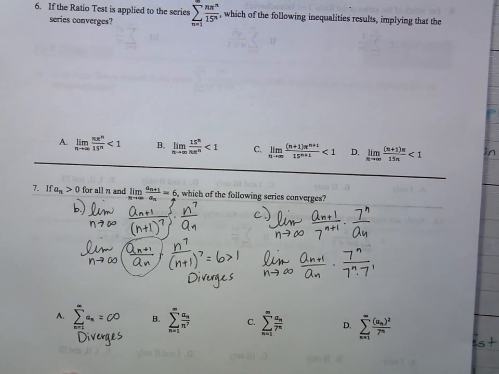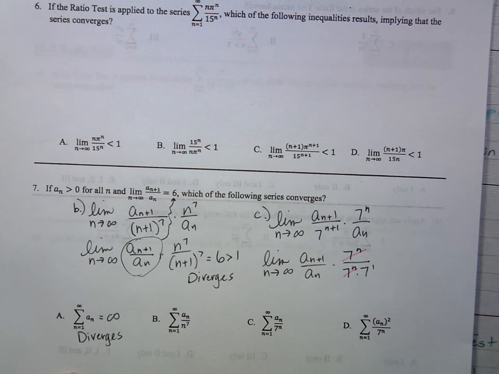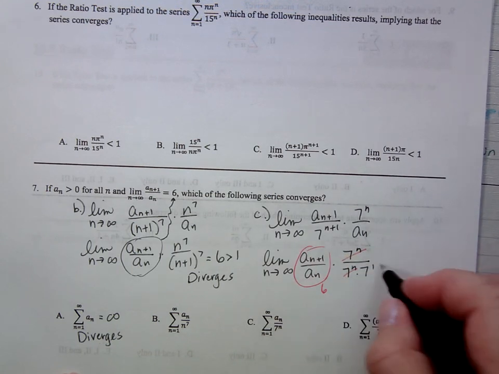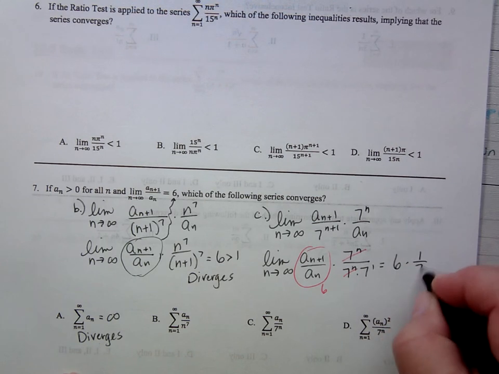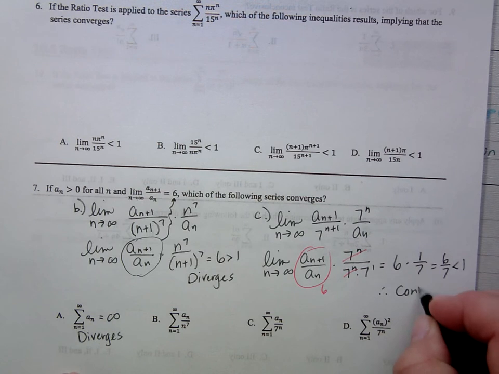So I know that these cancel, and I know that these equal 6. Actually, all my top is 1, right? So 6 times 1/7 gives me 6/7. Well, 6/7 is less than 1, and therefore this one converges by the ratio test.